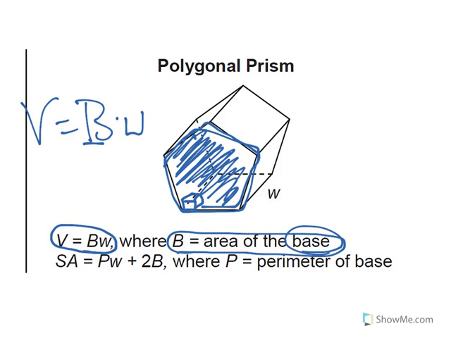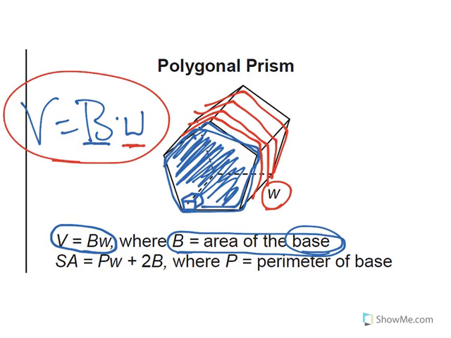That's what the area of the base does. Once I know that, I will just multiply by the width, which is how many layers total I need to construct that prism. So that's our general formula that we're going to apply to all the different shapes.